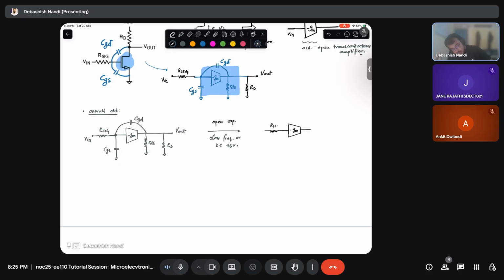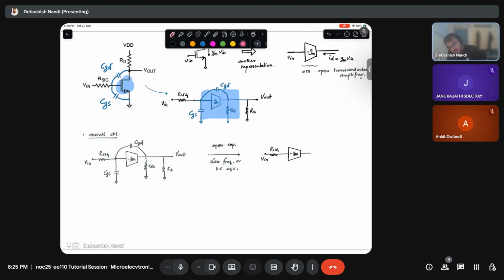this is R sig, this is V in. By the way, I should mention no current is going into this, remember this point, because this is your gate terminal.